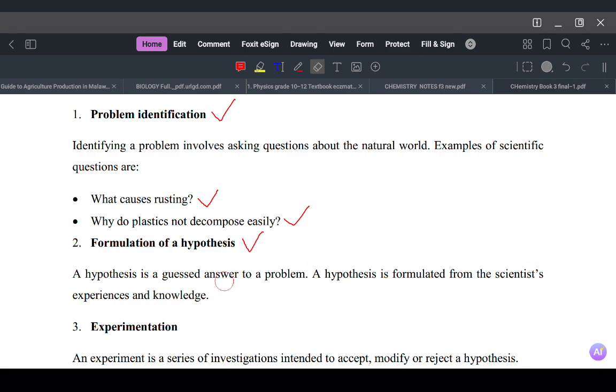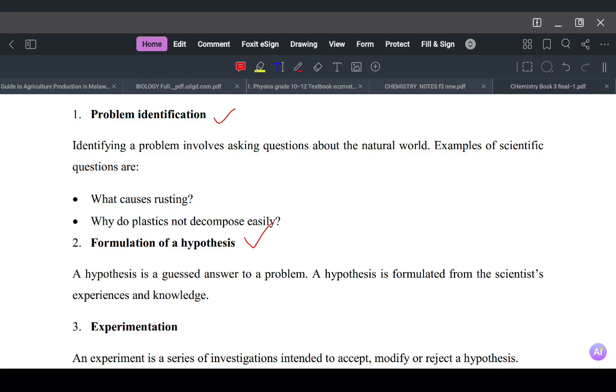So using your everyday knowledge and your experiences, you form a guess. You guess what causes rusting. You guess why plastics do not decompose. So we are saying in order, okay, problem identification is the first stage, followed by formulation of a hypothesis.